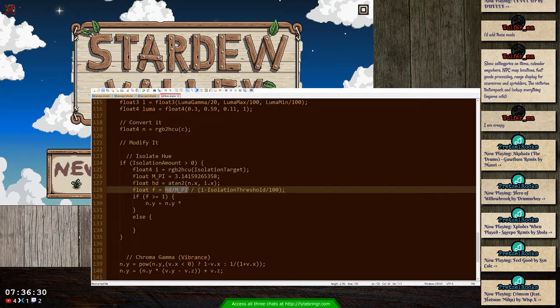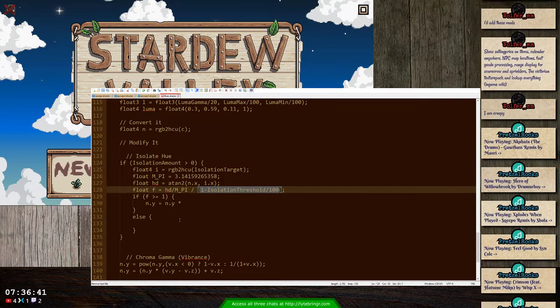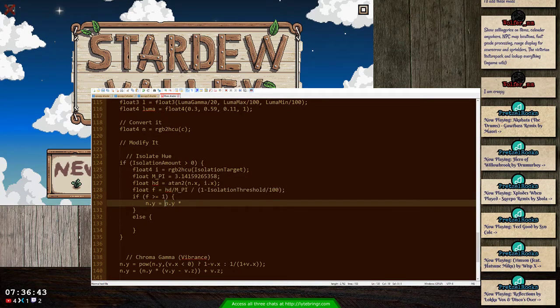Because this should be smaller than this to get a smaller than 1 result, which will have shape. Otherwise, we will just return 1 minus isolation amount over 100.